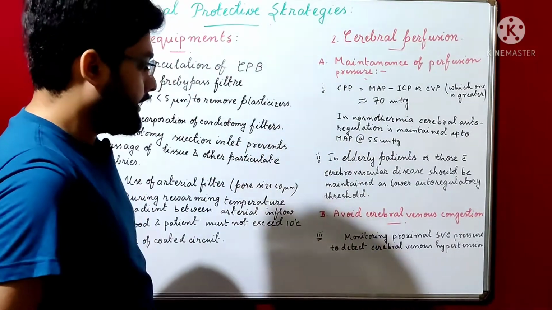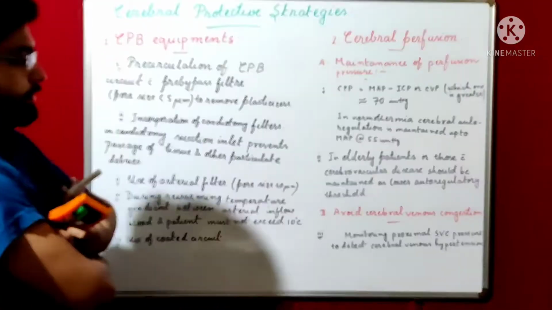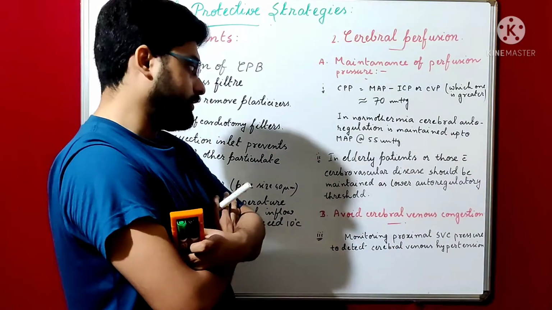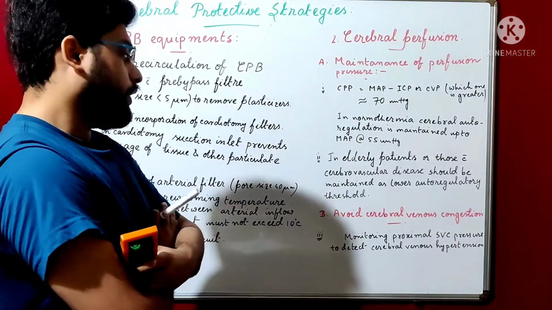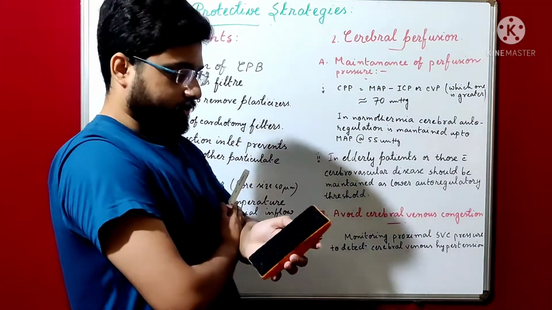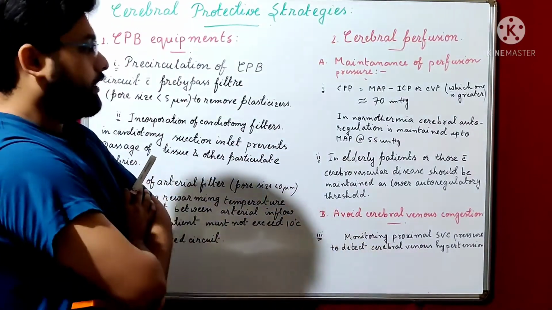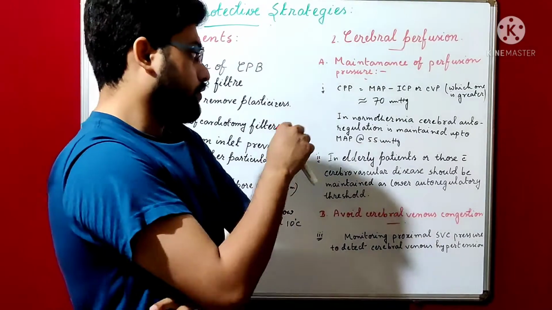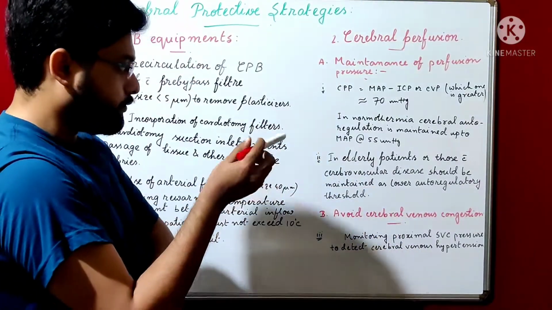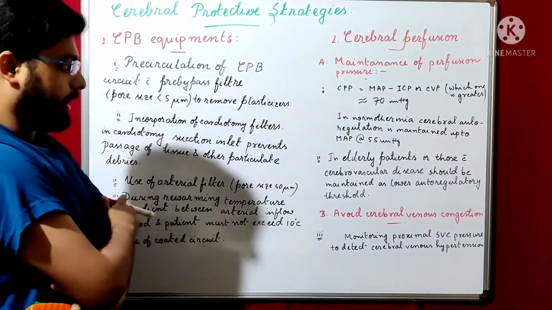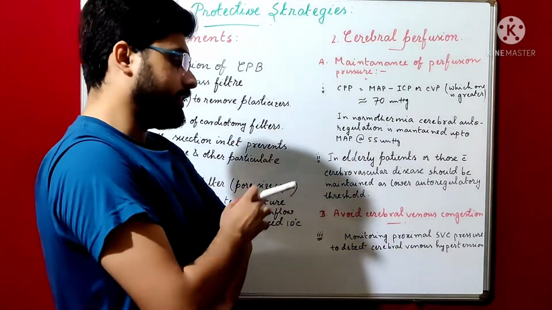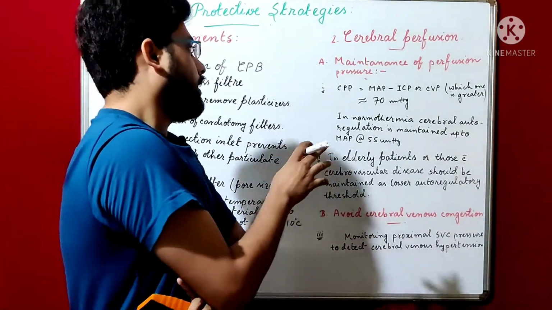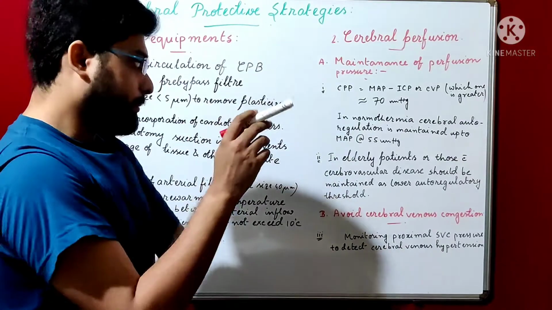In elderly patients or those with previous cerebrovascular disease, we must consider that their autoregulatory capacity is lower than in healthy patients, and a lower autoregulatory threshold should be kept in mind.